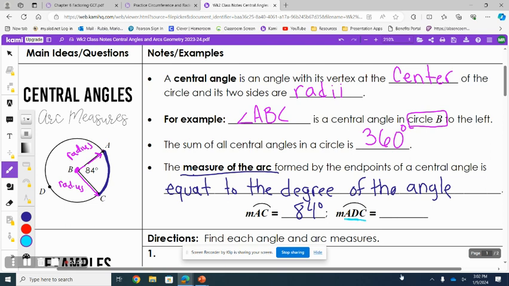What about A to D to C? Where's A, B, C? A to D to C. Okay. If I told you there's 360 degrees in a circle, and we've already accounted for 84 in this, how many degrees are left? How do we figure out what this is?